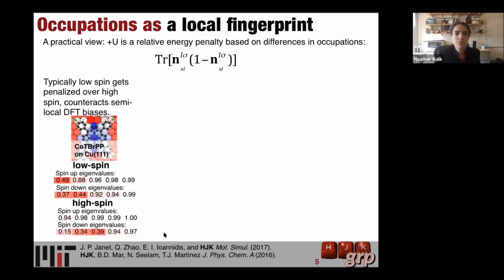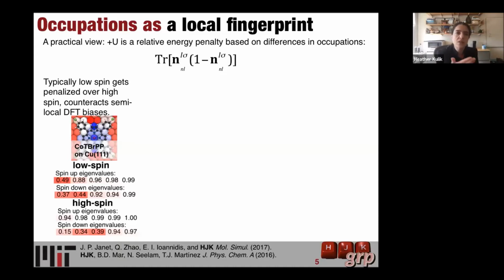I'm showing here the eigenvalues of the occupation matrix, which tells you something about basically how fractional it is, and these are lit up red when they're more fractional. You can see that the high spin state is less fractional. The occupation matrix penalty is going to be smaller for the high spin state than the low spin state.